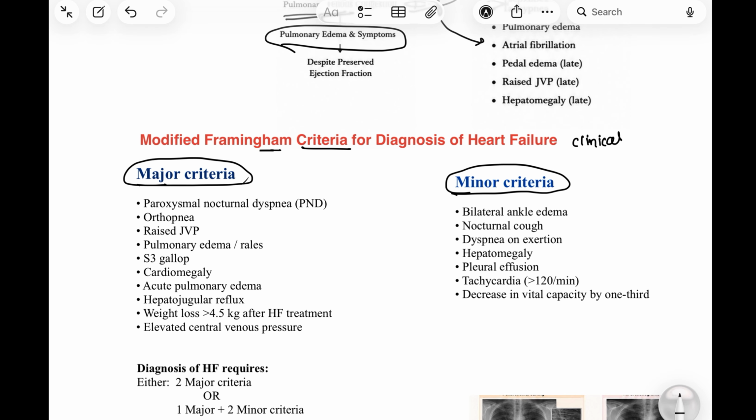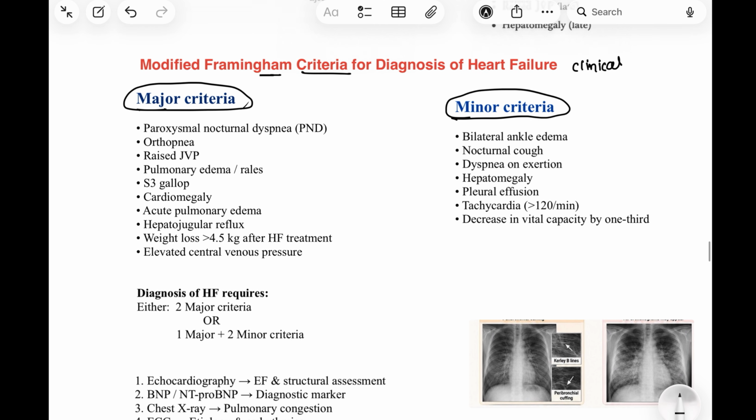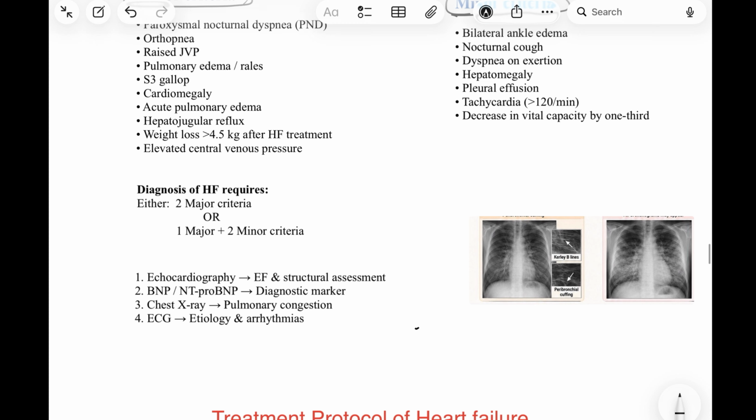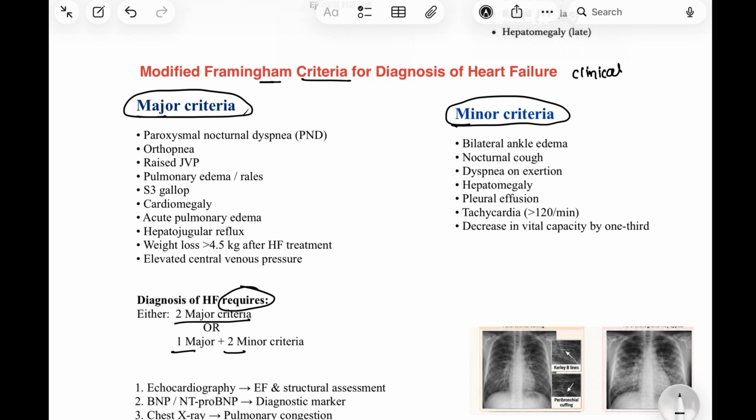So I will leave it for a while, but I think the examiner could ask you about the requirements. So either two major criteria or one major plus two minor criteria should be there to diagnose heart failure. So keep in mind, the modified Framingham criteria is for heart failure diagnosis, and it includes major and minor criteria.